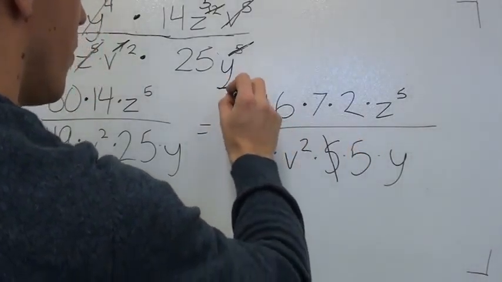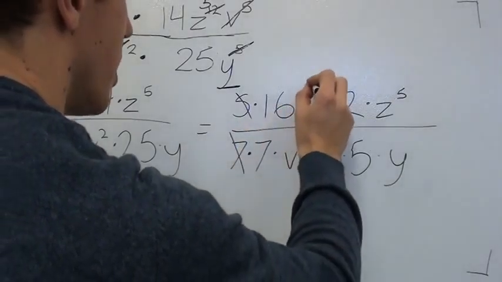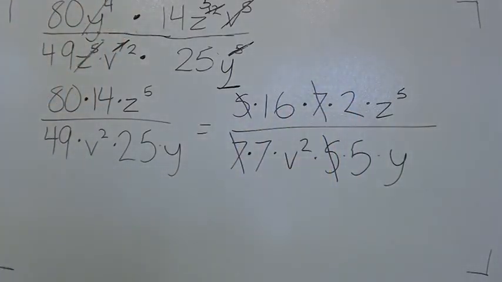We can get rid of a 5. We can get rid of a 7. All right. And I don't think there are any more common factors that we can reduce.